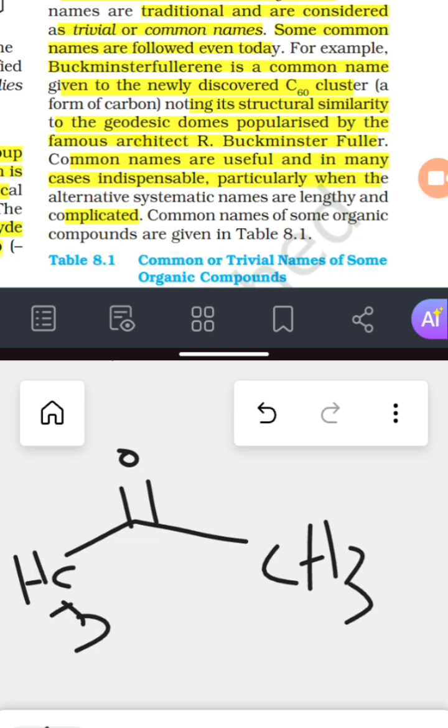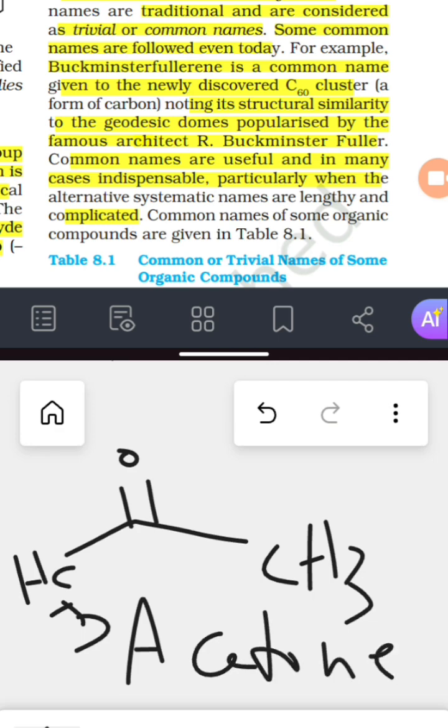The common name is acetone, but the IUPAC name is 2-propanone. The keto group is on the second carbon, and 3 carbons make it propanone. So the IUPAC name is propanone and the general name is acetone.